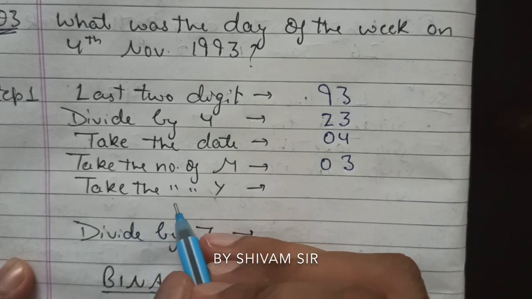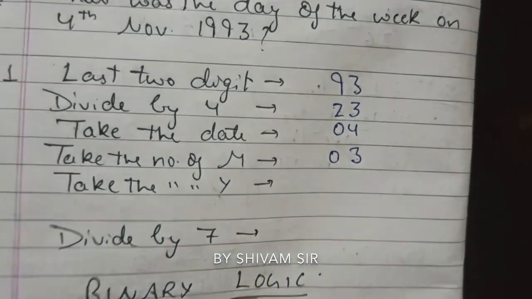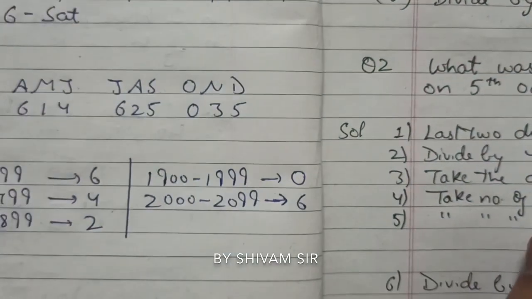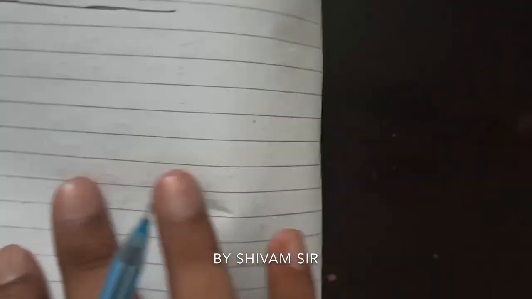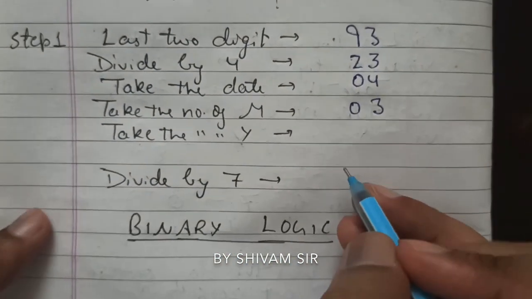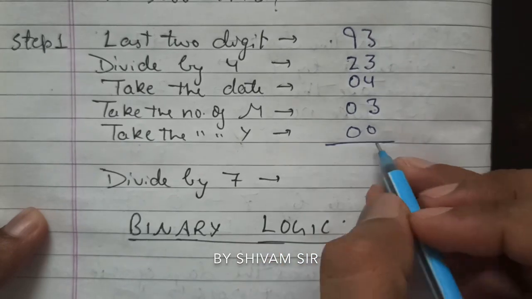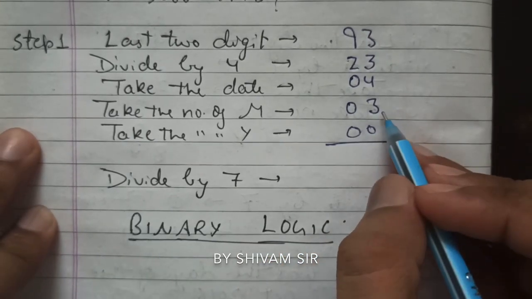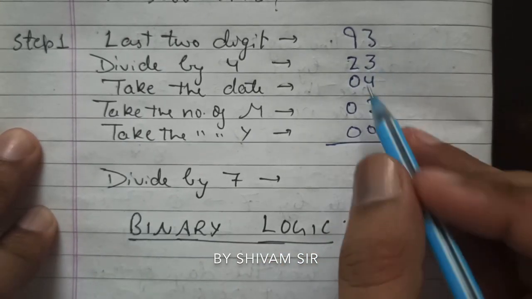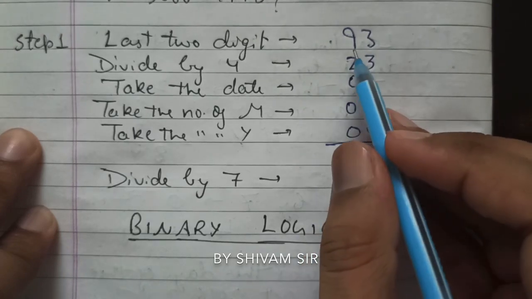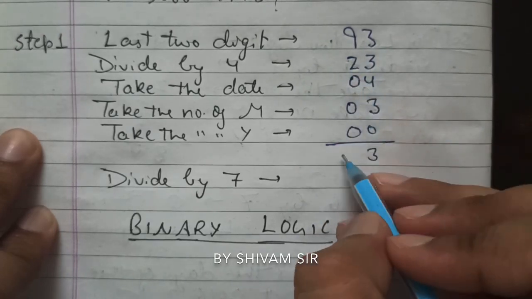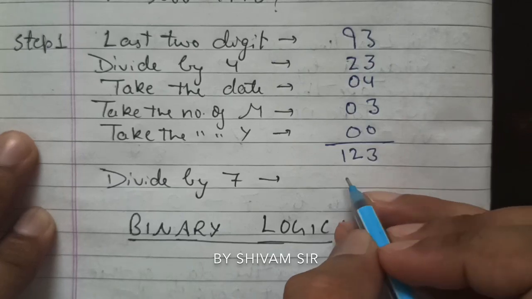Take the number of year. 1993 will lie in this category, 0, so write down 0 here. Add the following: 4, 3, 7, 8, 9, 10, 10 and 3, 13, 9 and 3, 12, so 123 divided by 7.